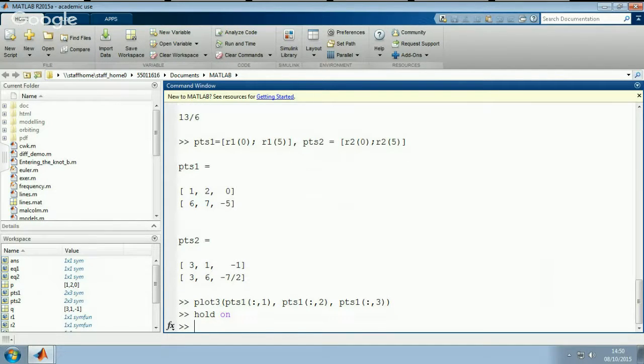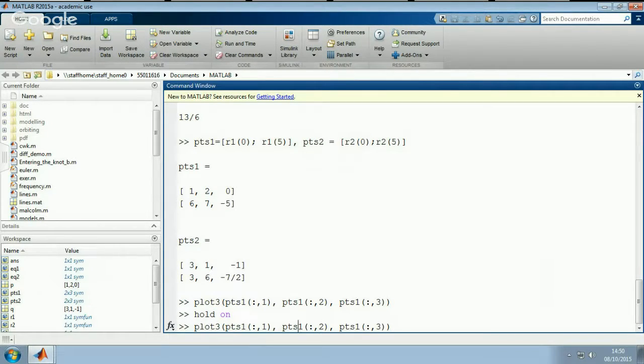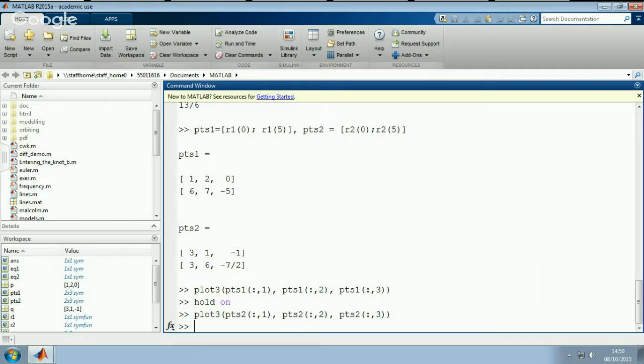I want to see the two lines in the same figure window. So I do the same plot command, but this time talking about PTS2. So that will add the second line to the plot.